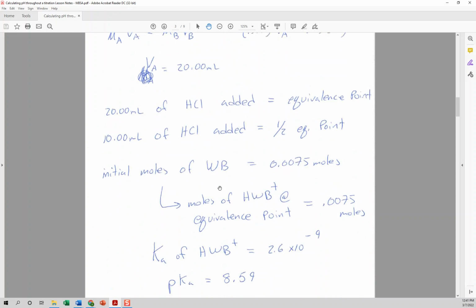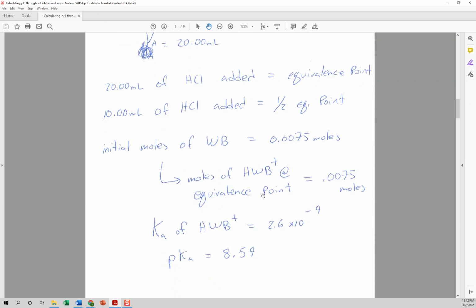Let's understand that at the equivalence point, moles of H plus and moles of WB are equal. They take each other out. And so all the WB is going to be converted to HWB plus, its conjugate acid. So at the equivalence point, I know that's how many moles of HWB plus I have.